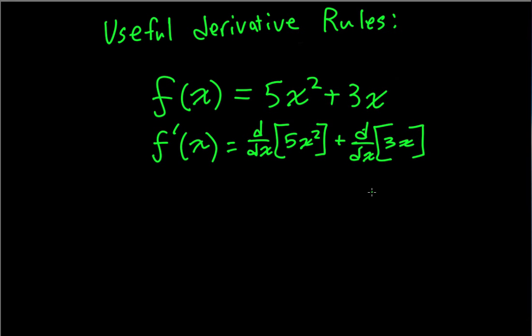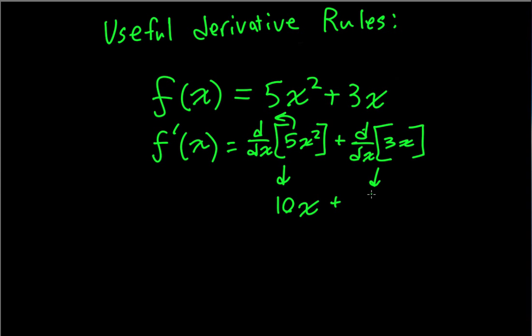All right, now let's solve the first one. We've seen this done. Just take the derivative of x squared, 2x, and you're carrying that 5 out of there. So 5 times the derivative of x squared, it's going to be 10x. And then we're adding this thing.